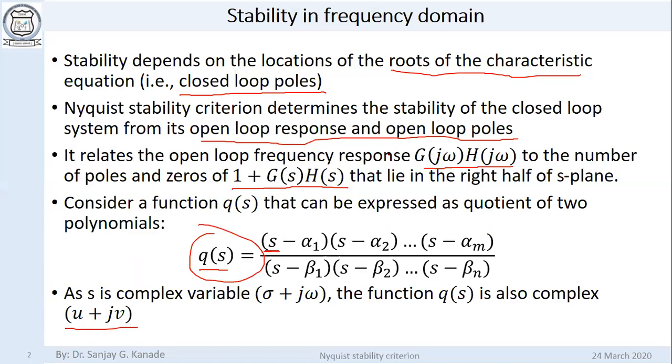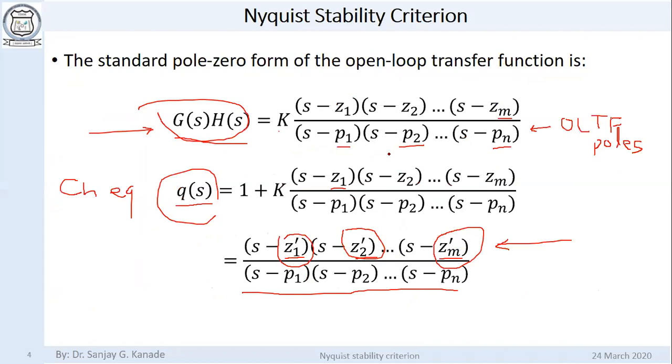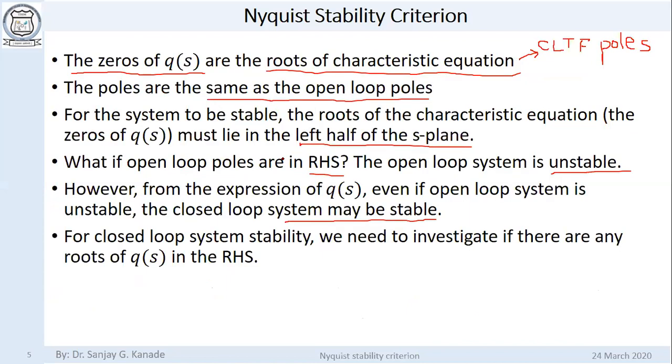Roots of this equation means zeros of that equation, meaning the numerator things, and the denominators are the poles of the open loop transfer function. So you should keep these things in mind. Zeros of the characteristic equation are the poles of the closed loop transfer function.